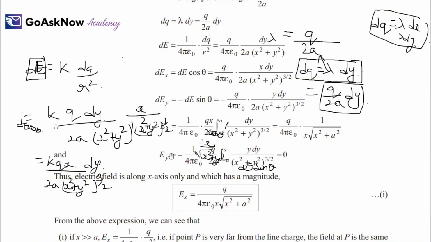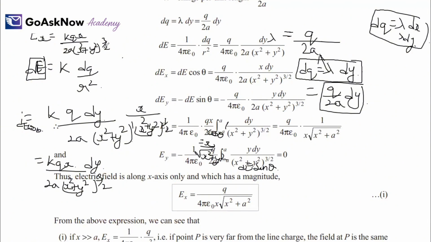So the Ex value, if you integrate it from minus a to a, because here the variable is dy only, if you calculate the whole value of dE cos theta, Ex will come out to be equal to k q x upon 2a into x square plus y square to the power 3 by 2.